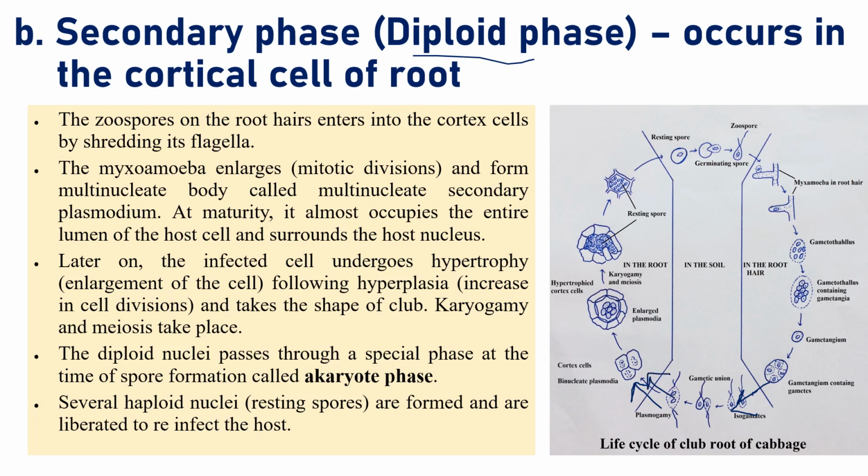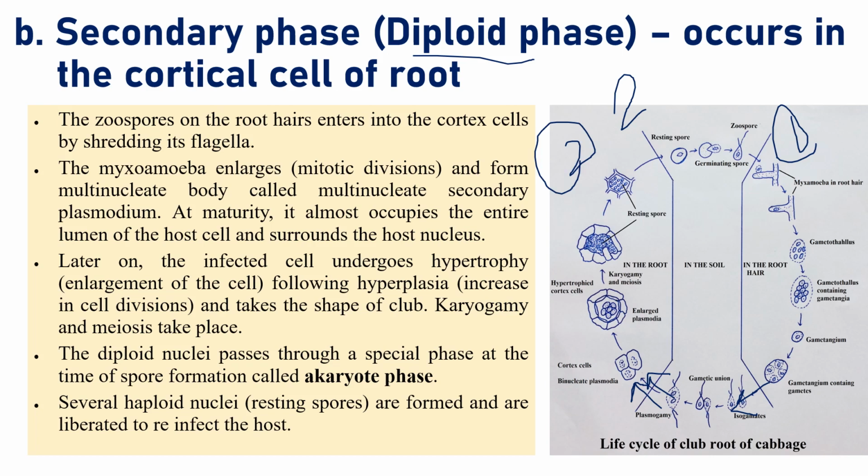In the cortex region, mitotic divisions happen and a secondary plasmodium is formed. That's why two plasmodial stages are formed, as I told you in the general characters of fungi. The first plasmodial stage is in the root hair infection, the second plasmodial stage in the cortex region infection. In the first phase it is haploid; in the second phase it becomes diploid.